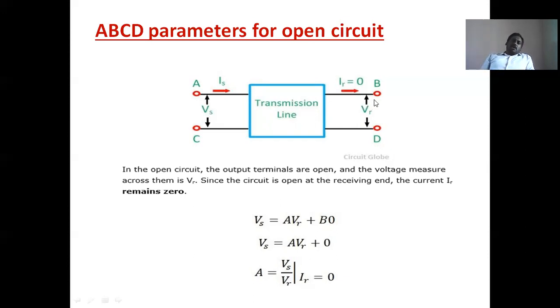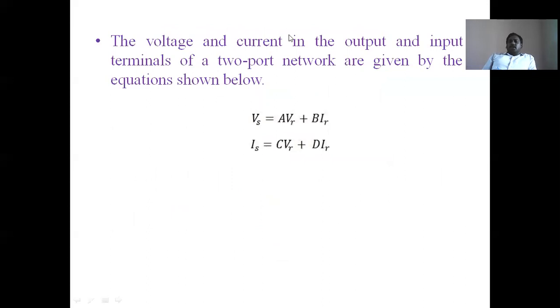What happens is Ir = 0. If Ir = 0, in these equations Vs = A·Vr and Is = C·Vr.